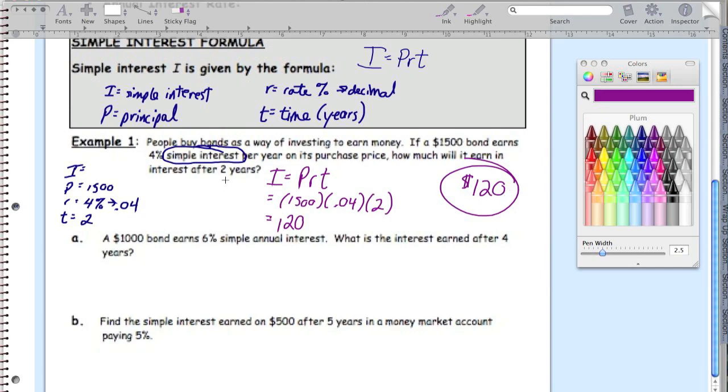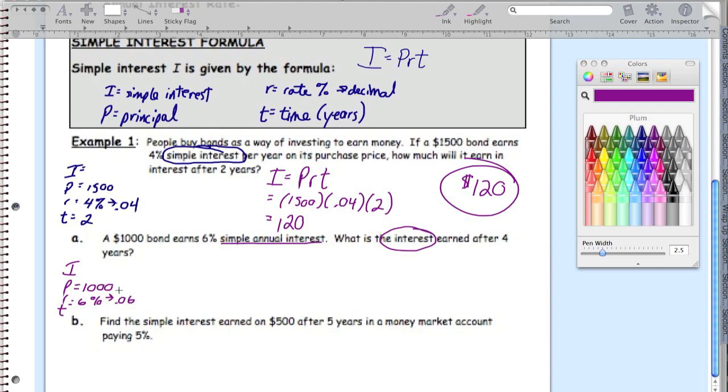All right, let's try letter A. A $1,000 bond earns 6% simple annual interest. That's key. Again, that's going to help us figure out what formula to use when and where. What is the interest earned after 4 years? So they want us to figure out how much extra money there is going to be. So again, I equals PRT. We know that we're putting in $1,000, so that's our principal that we start with. The rate is 6%, so that's 0.06.